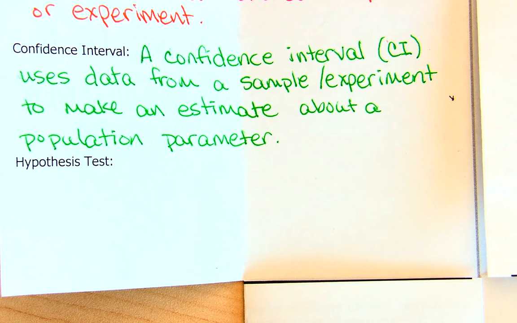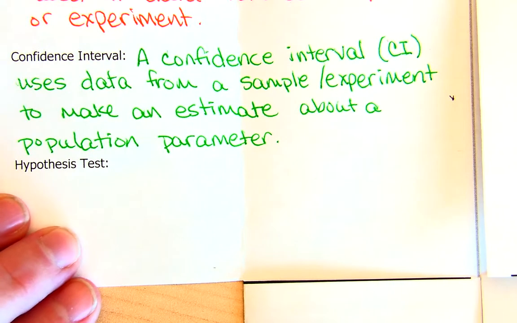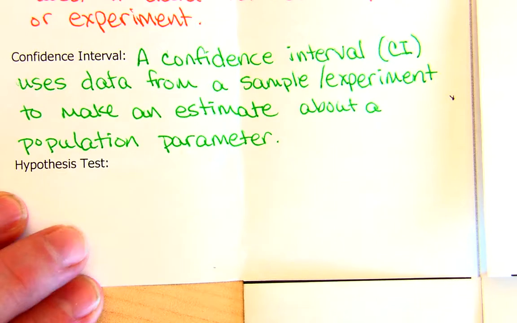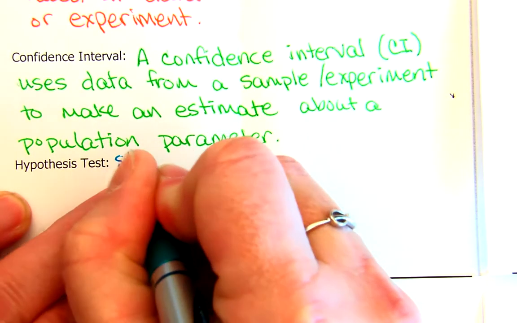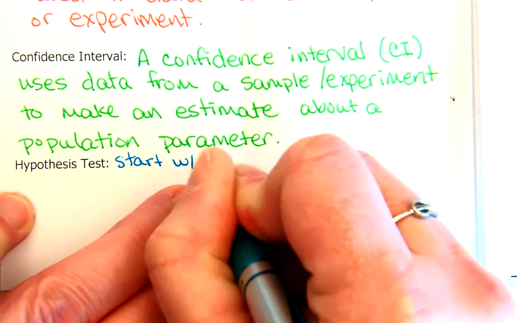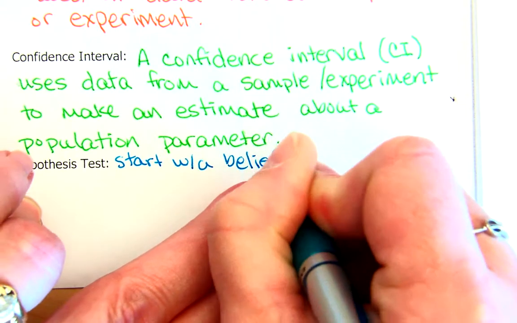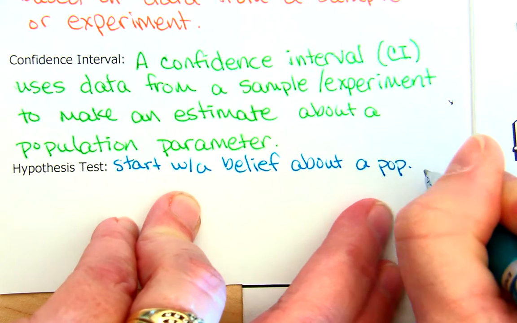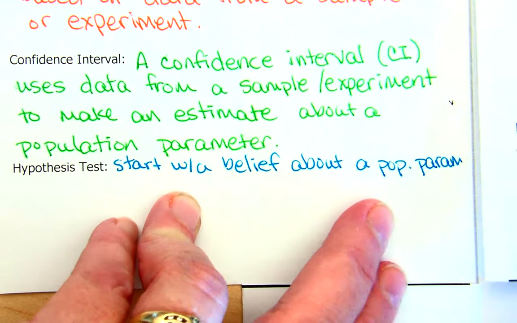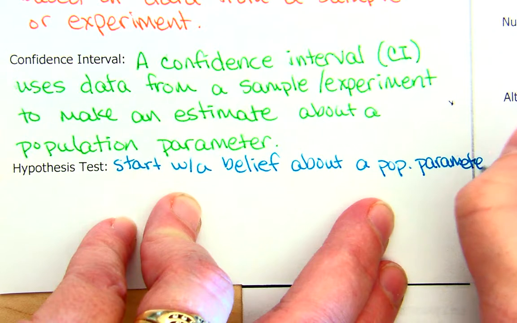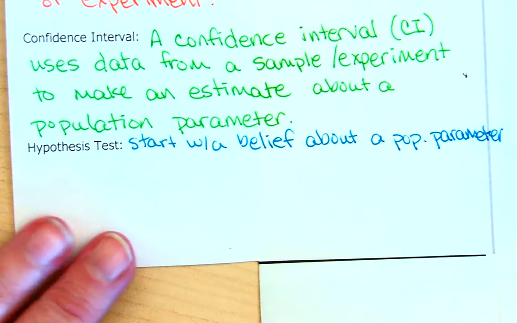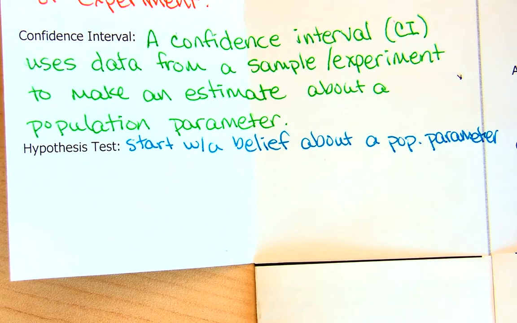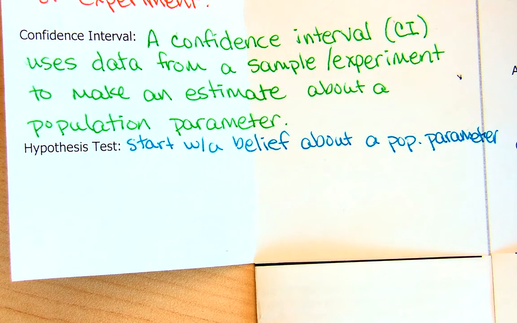So for a hypothesis test, we're going to start with a belief about a population parameter. Population parameter, and then we will gather data using either a sample or an experiment to test the belief.